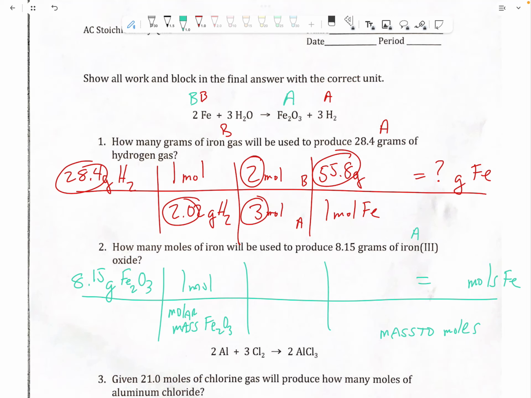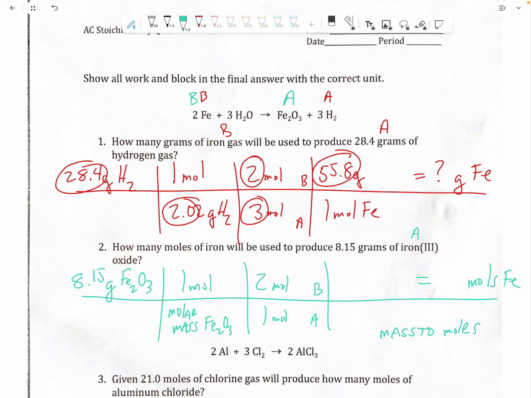And then the only thing left that you have to do with a mass to mole problem is to set up your mole ratio. And that's going to be moles of B over moles of A. The moles of B is the iron, which is going to be 2 moles. And our A is our Fe2O3, and that's 1 mole there.